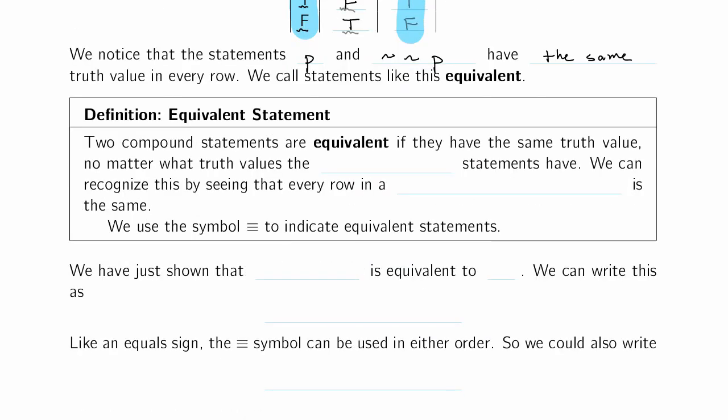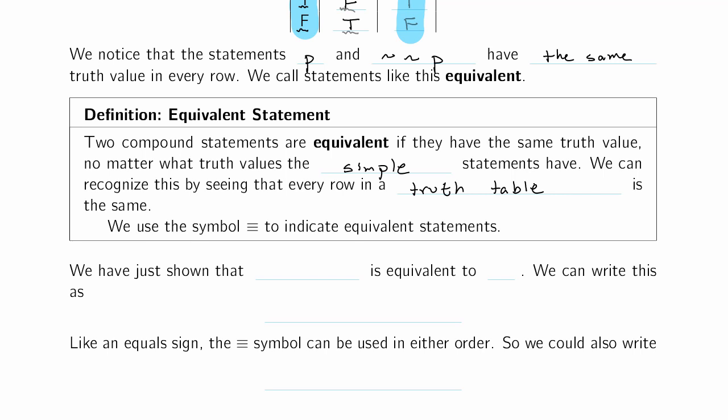More formally, two compound statements are equivalent if they have the same truth value, no matter what truth values the simple statements have. We can recognize this by seeing that every row in a truth table is exactly the same.